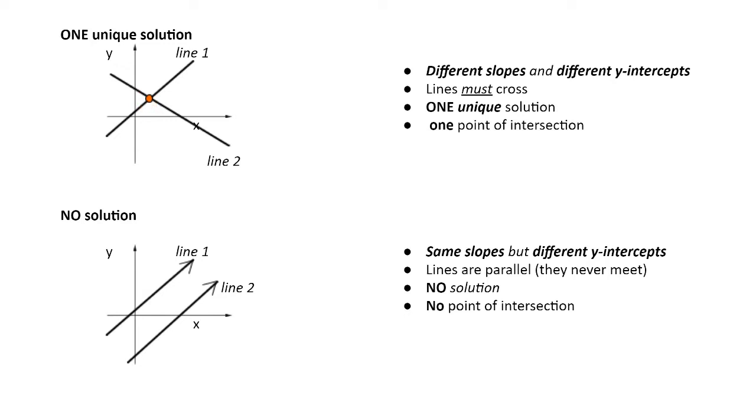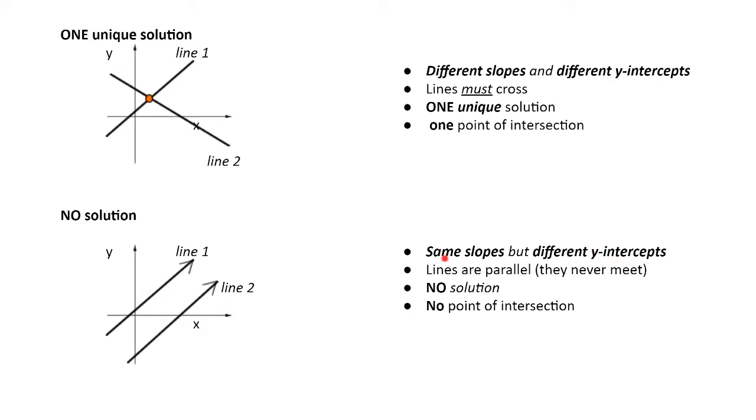Another situation is when you have two lines plotted on the same grid, but they do not intersect or cross each other at all. This creates a linear system that has no solution or no point of intersection. What's special about the lines in this scenario is that the equations will have the same slope, but they will have different y-intercepts.